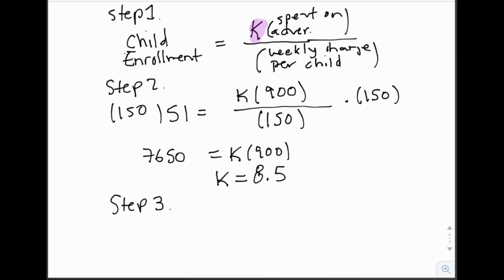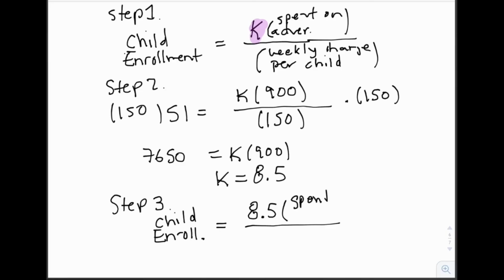So we know that our child enrollment is going to be equal to 8.5 multiplied by spent on advertising, and that's going to be divided by the weekly charge per child.